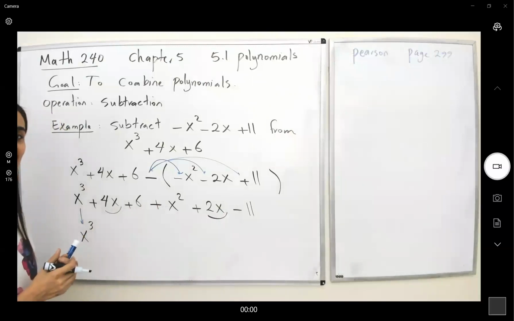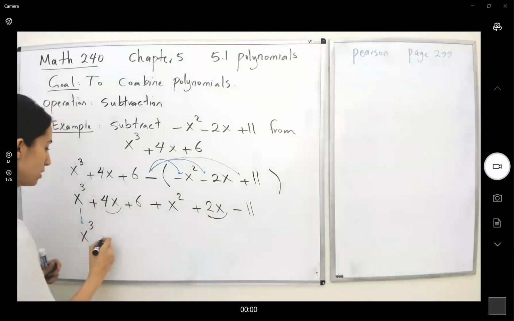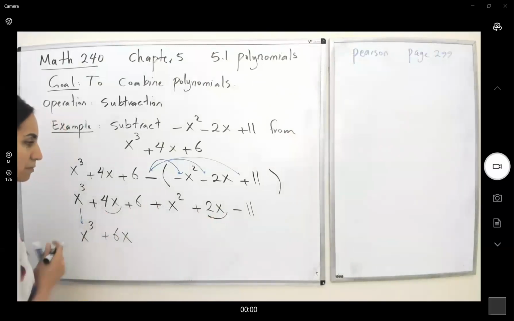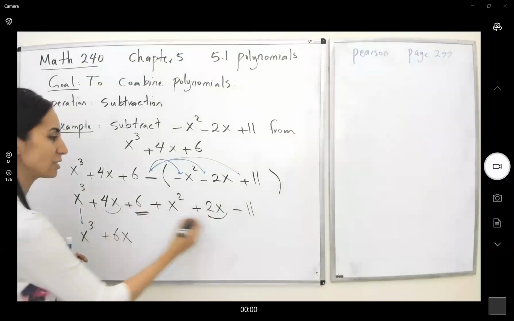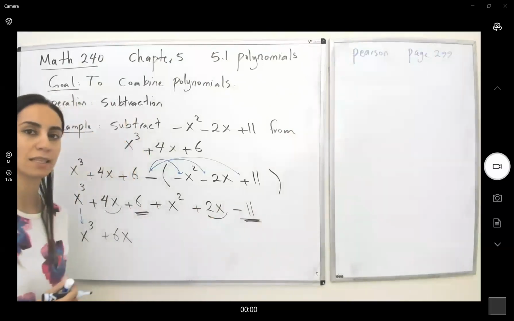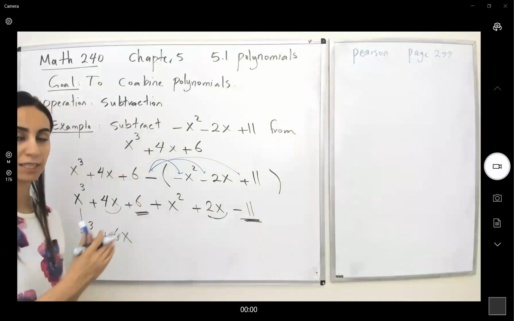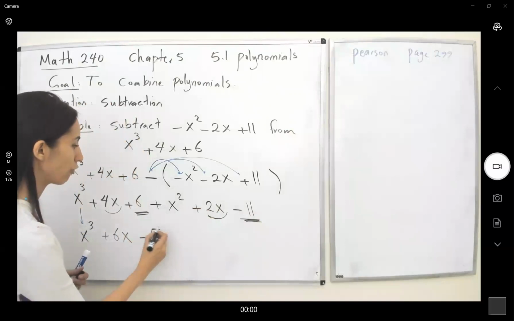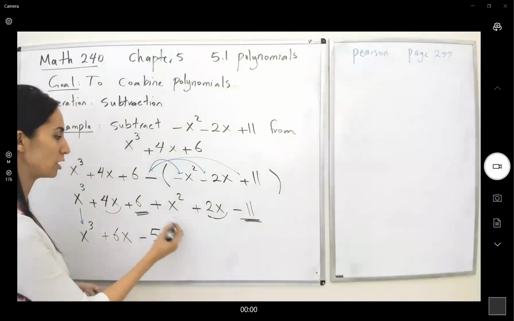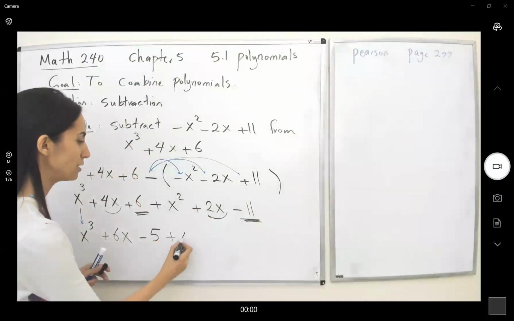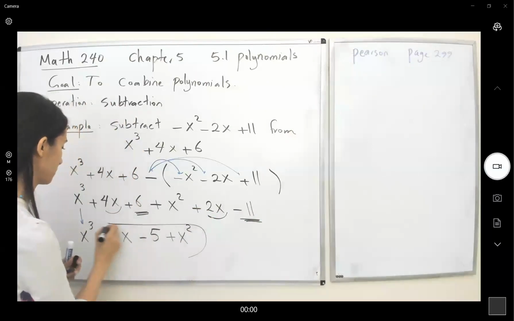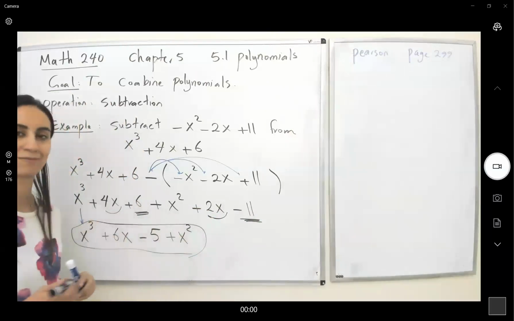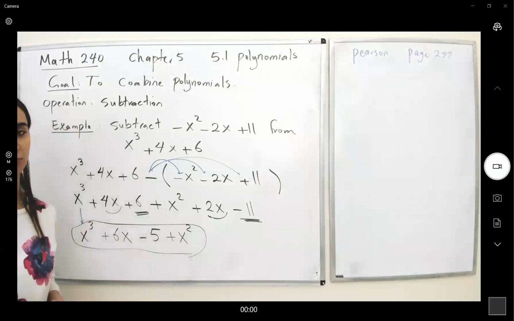These two are like terms. 4 plus 2 is 6x. I have 6 and minus 11. 6 minus 11 gives you a negative number, minus 5. And finally, I'm left with plus x squared. This is subtraction.